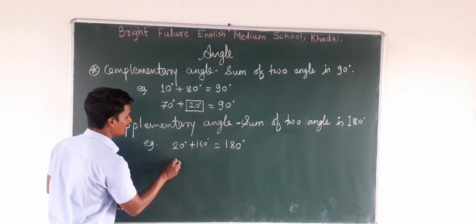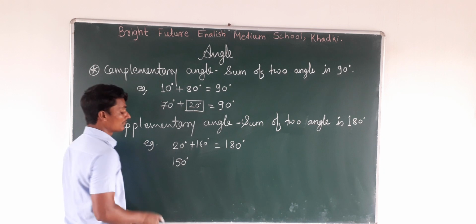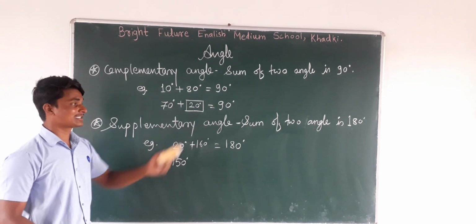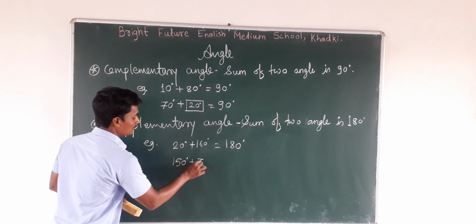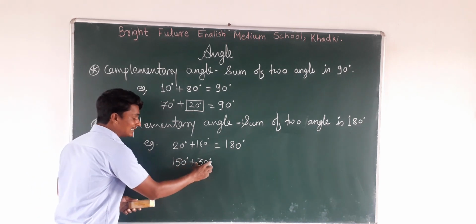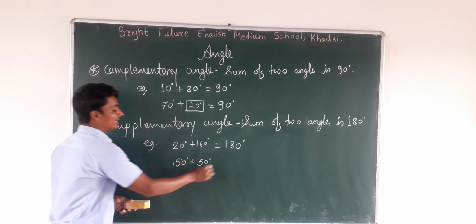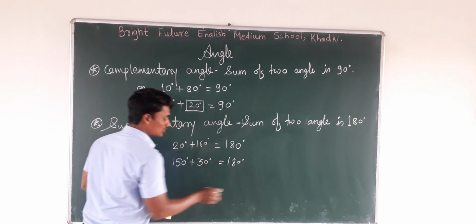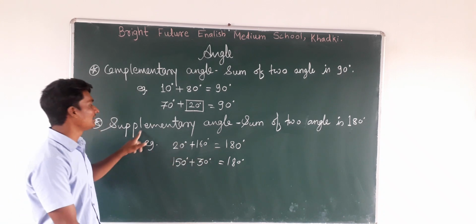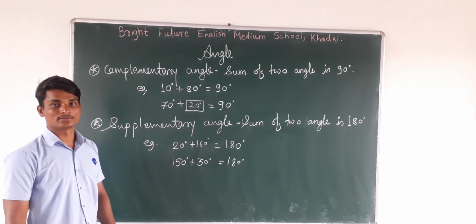Suppose another example: when we consider 150 degrees, what will be the supplementary angle of 150 degrees? The supplementary angle of 150 will be 30 degrees, because by adding 30 degrees to 150 degrees we will get 180 degrees. So 150 degrees and 30 degrees are supplementary angles of each other.